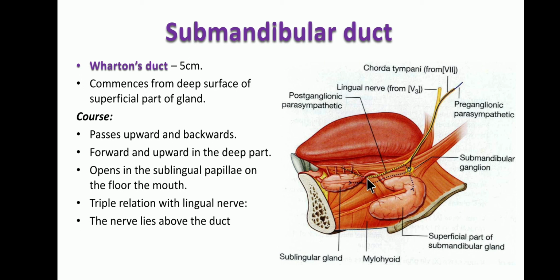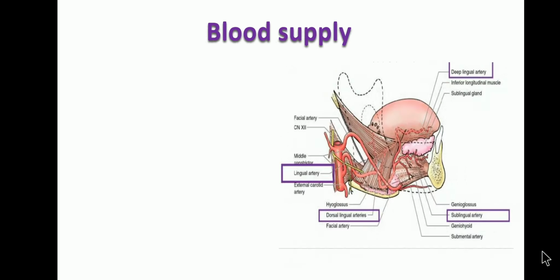So it is going deep to the duct, and then the lingual nerve divides into many branches to supply the anterior two-thirds of the tongue. So that is the triple relation: first above, then crosses laterally, and finally passes medial to the duct. That is the relationship of the duct with the lingual nerve.